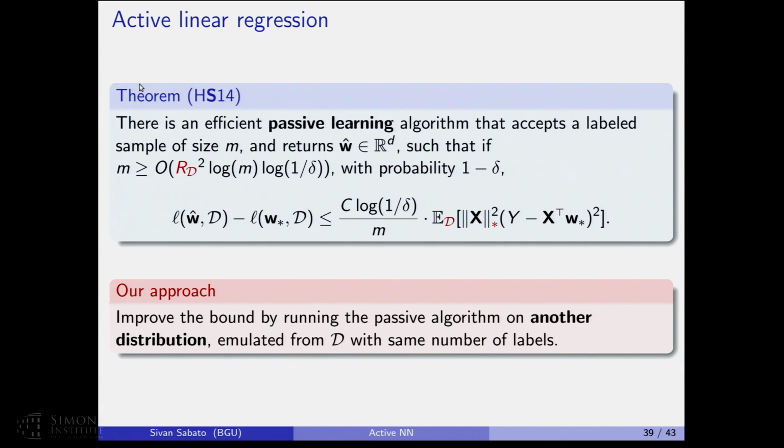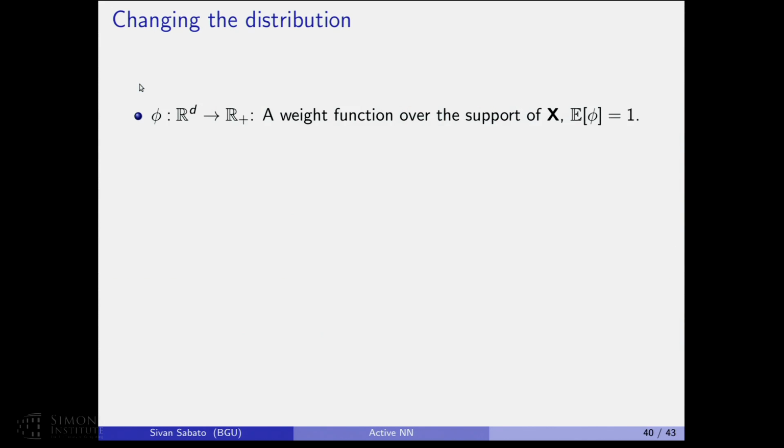Now what I want to do is find a distribution that will make this bound as small as possible. This is a general idea. Let's simulate or emulate a distribution and then run this algorithm, but it will be a different distribution, so we will get a better bound. So we define a weight function over our support, which specifies how to reweigh the examples in the space.